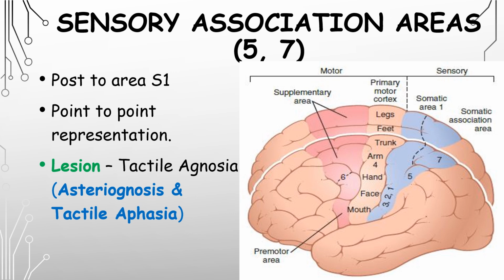It is concerned with the recognition of common objects placed in the hand without looking at them, that is stereognosis. A lesion in area 40 produces tactile agnosia, astereognosis.